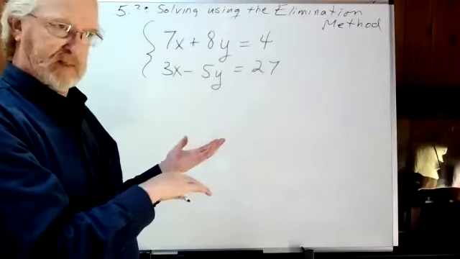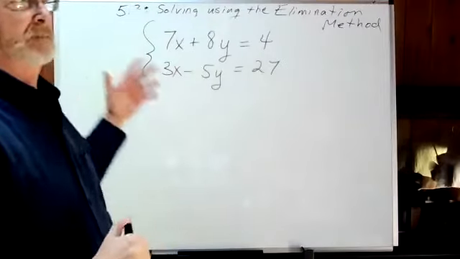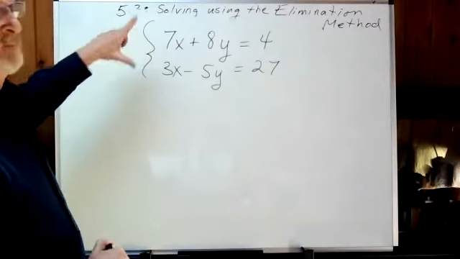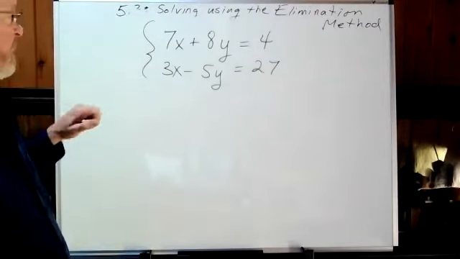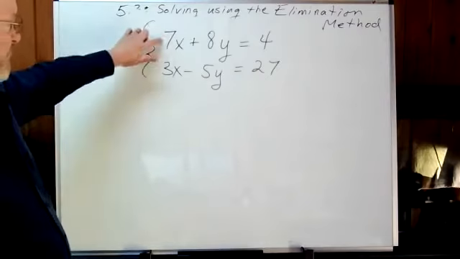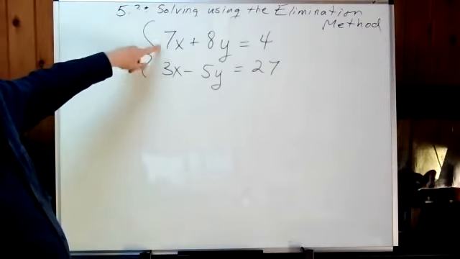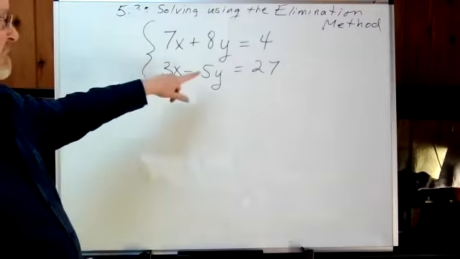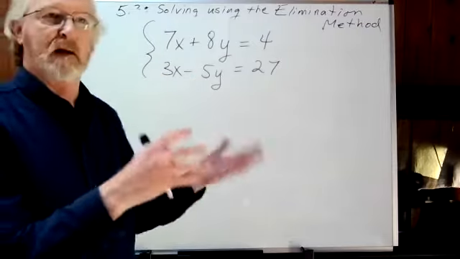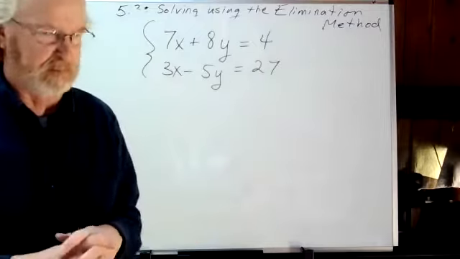In these last 2 or 3 examples, I was able to multiply one of the equations and get the numbers to be the same size. Looking at the numbers I have to work with here, I can't just multiply the 3 and turn it into a 7 easily, or do that with a 5 to turn it into an 8. I'm going to have to come up with a common multiple, kind of like a common denominator idea.